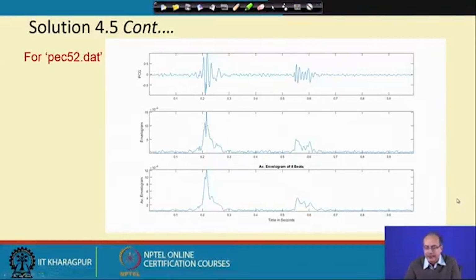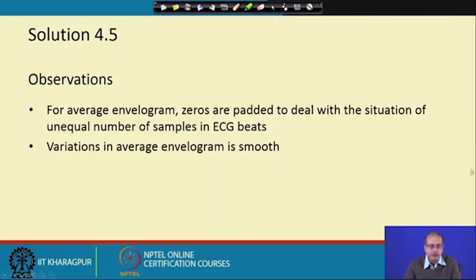At the end of it we need to have some observations, on what we learn out of this assignment. The first thing is that for the average envelopegram, zeros are padded to deal with the situation of an unequal number of samples in the ECG beats.